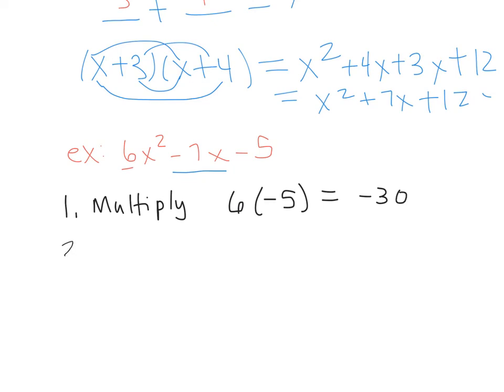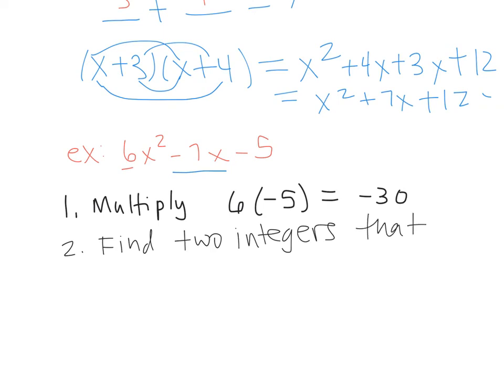And the second step is that we want to find two integers, okay, so whole numbers that can either be negative or positive, that multiply to negative 30, that number that we just got, and add to the coefficient on the x term. So in this case, that's a negative 7.